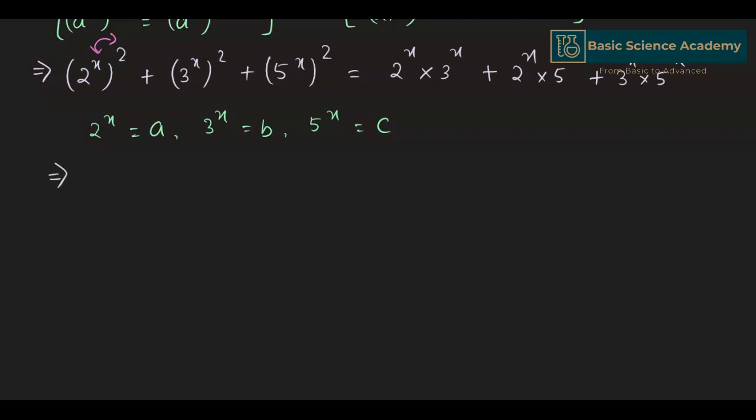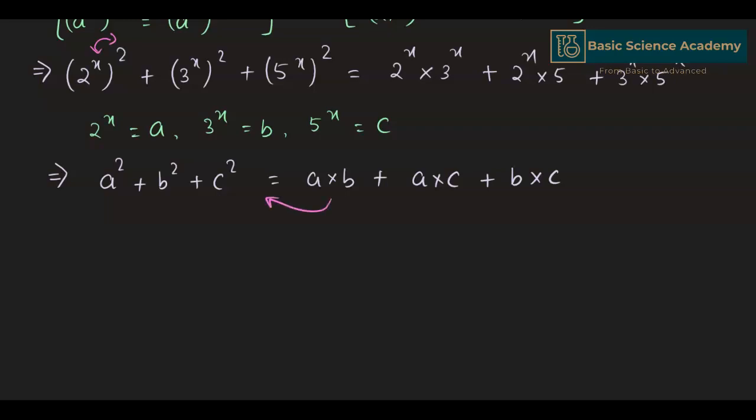Now this equation becomes a square plus b square plus c square is equal to a multiplied by b plus a multiplied by c plus b multiplied by c.